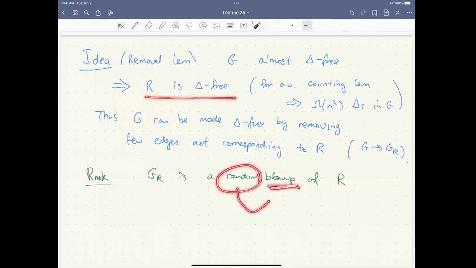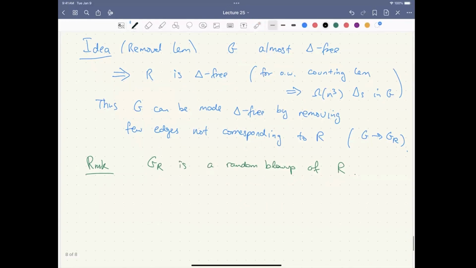So is its random subgraph. So GR is triangle free. That's another way to look at it. So now let's write this proof more rigorously.